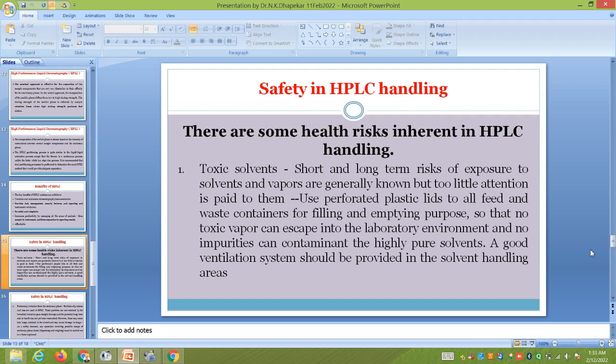A few safety precautionary measures should be taken while handling HPLC. In HPLC, apart from these compounds, toxins can also be separated and quantified. In civil engineering, I am trying to explain the areas wherein we can use HPLC: concrete technology, cement paste. Apart from this, HPLC can detect toxins in sewage in a very nice manner.